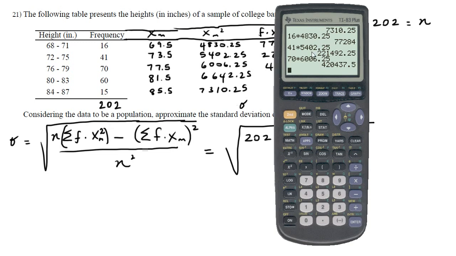And then 60 times 81.5. No, not times 81.5. 60 times 6642.25, that's 398535.